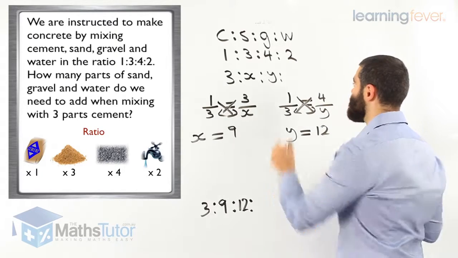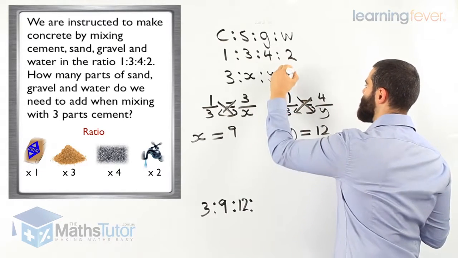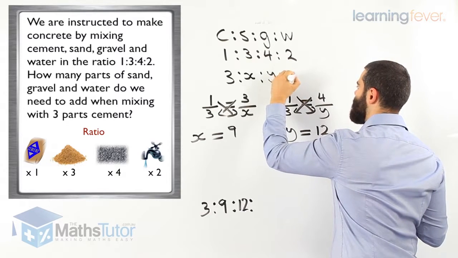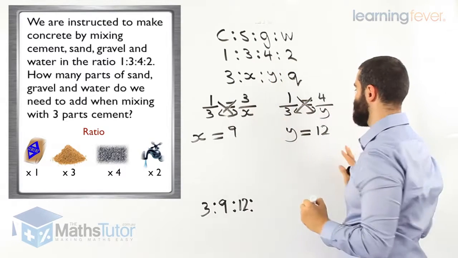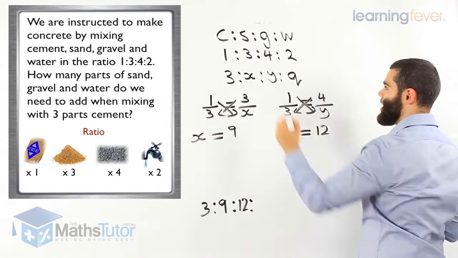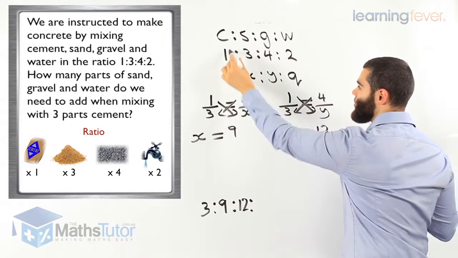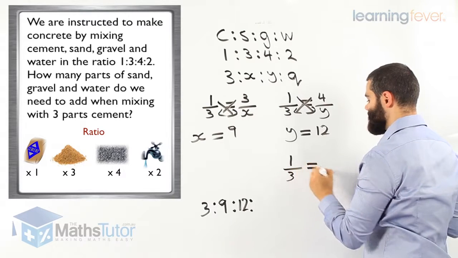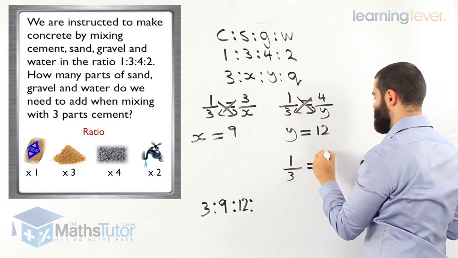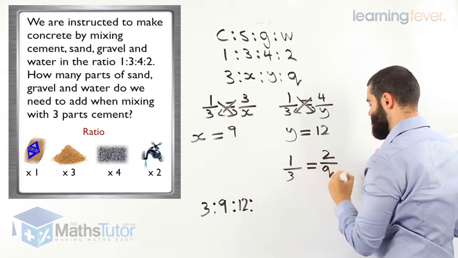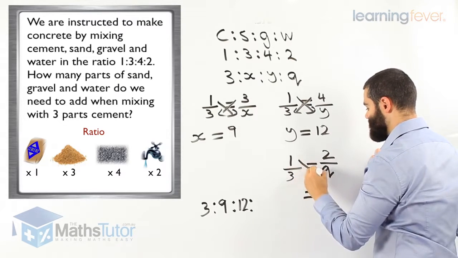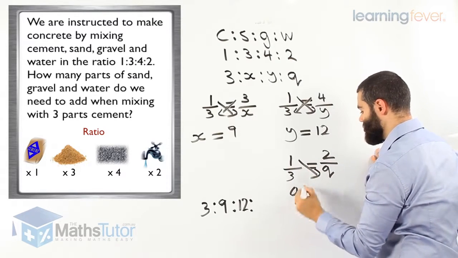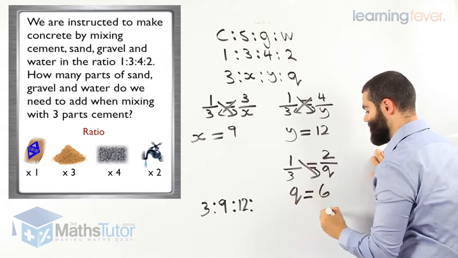Last one is the water. We'll call the water Q. Let's do it. We have, again, using the cement, 1 over 3 equals 2 over Q. Cross multiply. 1 times Q is Q. 3 times 2 is 6.